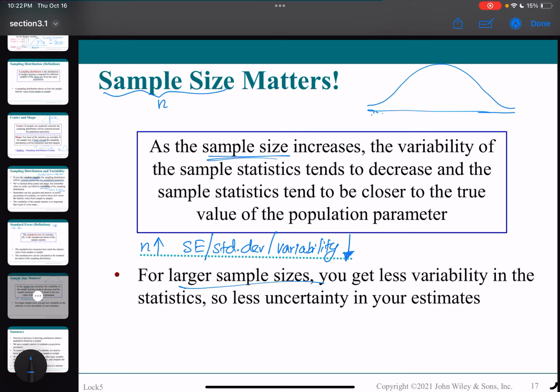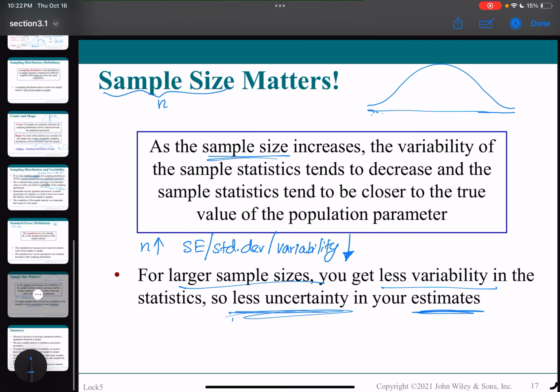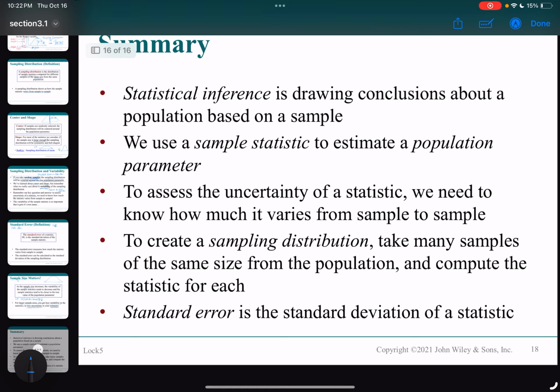For large sample sizes, you get less variability in the statistics. That means less uncertainty in your estimates. These are very important facts, but we will solve some problems.